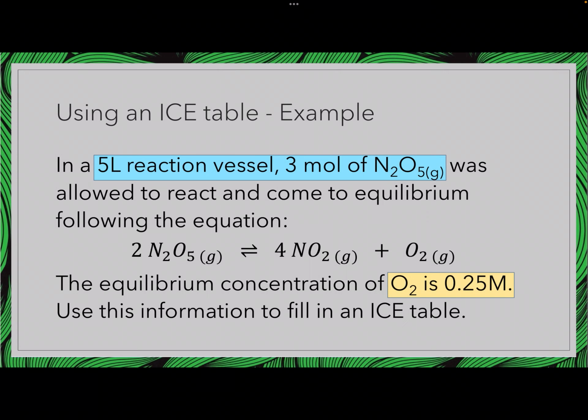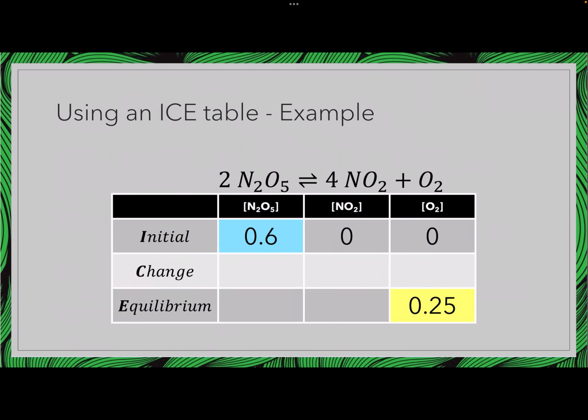So let's have a look at what we've got. So we started off with 0.6 of N2O5 because that's 3 divided by 5. And the question didn't mention anything about having any NO2 or any O2 in it. So we're going to say that they're equal to 0. Now, if it doesn't mention it, then it should be 0, usually.